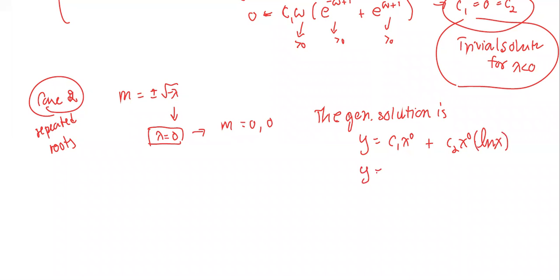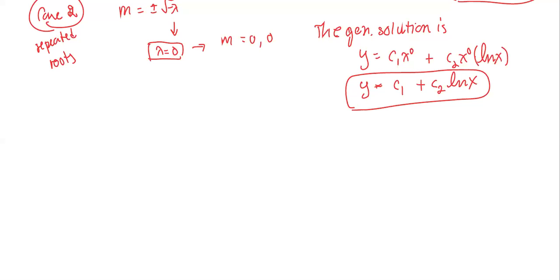Or we can write y as C1 plus C2 multiplied by natural log x. Right, next, we're going to find C1 and C2 using the conditions y prime at e to the negative first equals 0 and y at 1 equals 0.